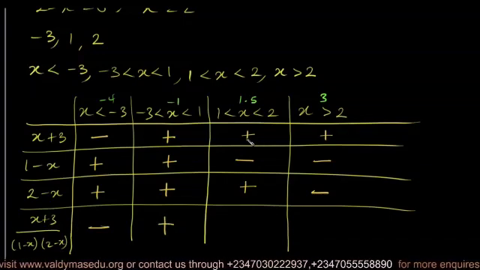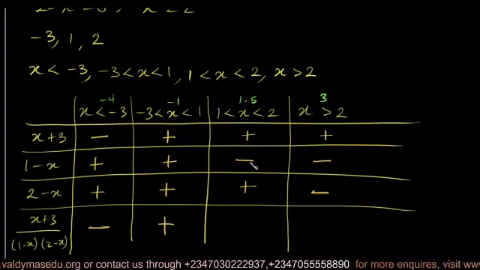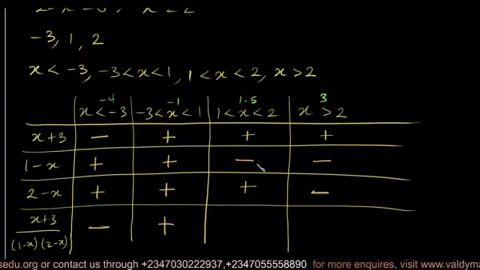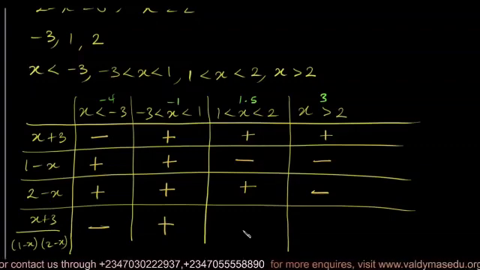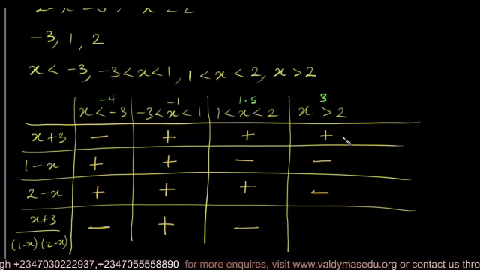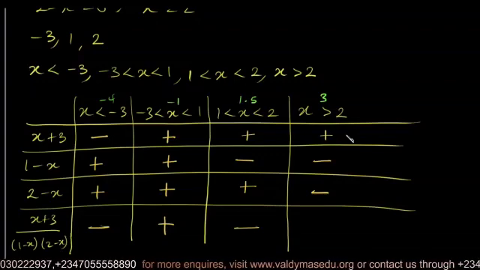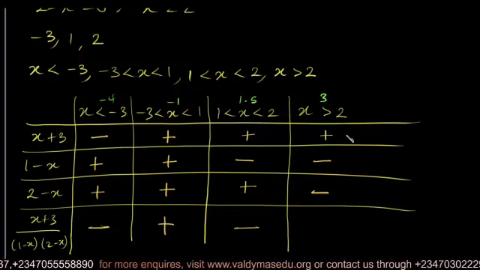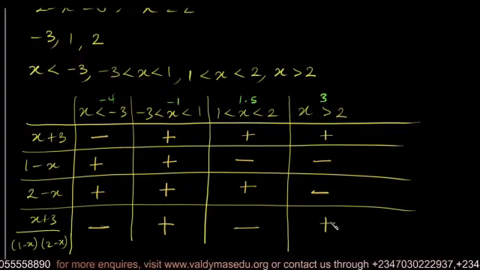The next one, plus times minus times plus. Plus times minus is minus. Minus times plus is also minus. Then the last one, plus times minus is minus. Then minus times minus is plus.